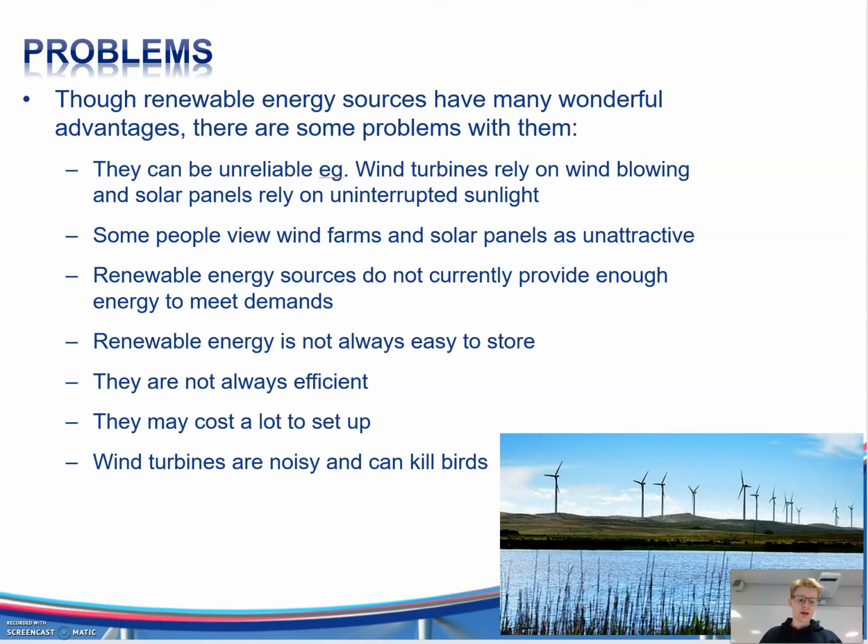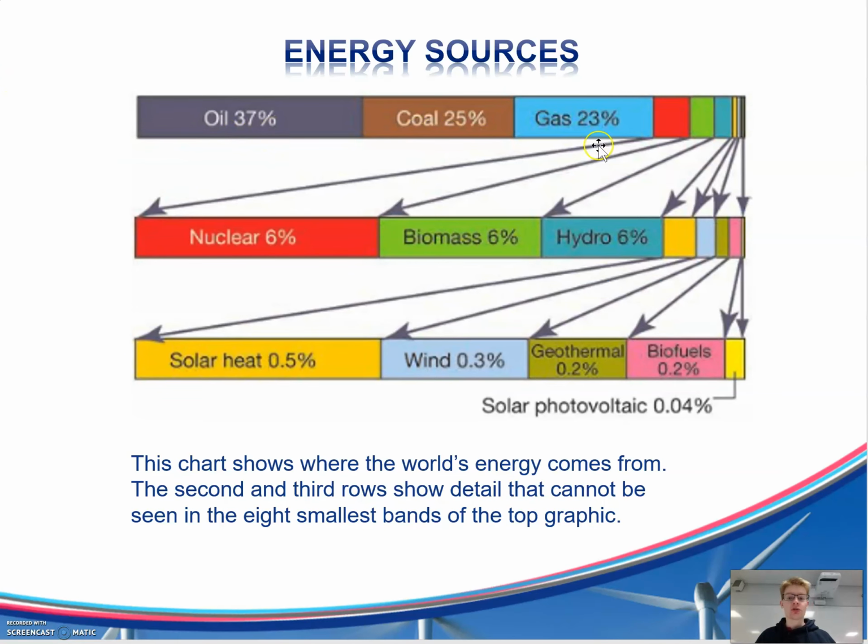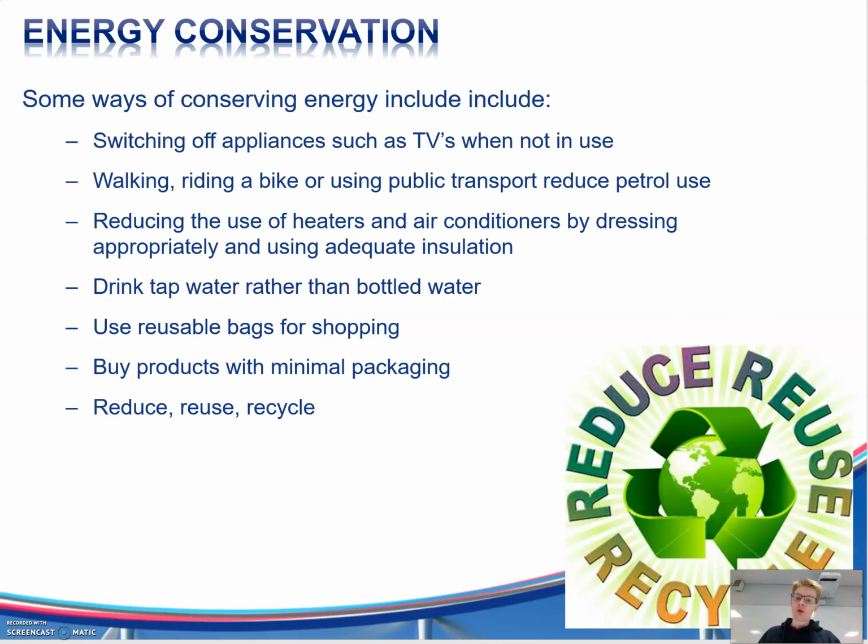But the ultimate problem here is the resources for energy we're relying on, oil, coal, and gas, they're going to run out someday. And by that time, we're going to need to be way more dependent on these renewable resources. So we need to start now. We need to start conserving energy now.